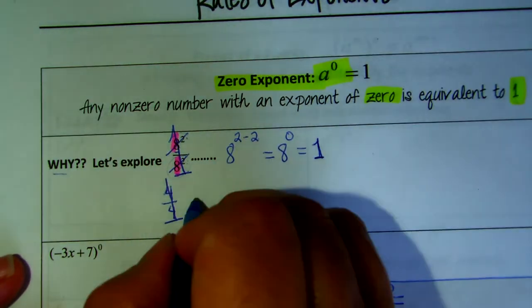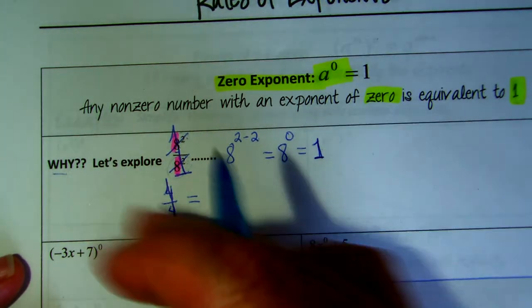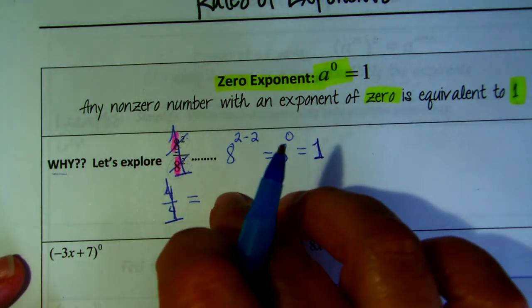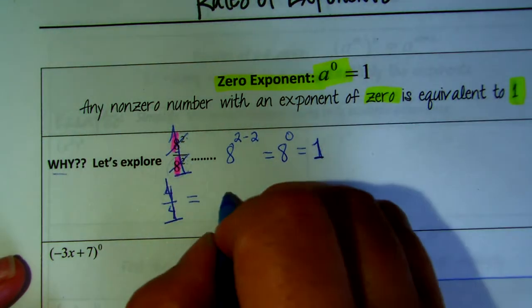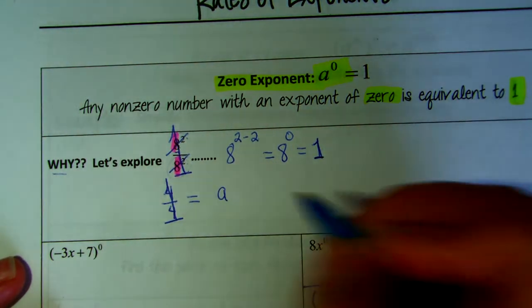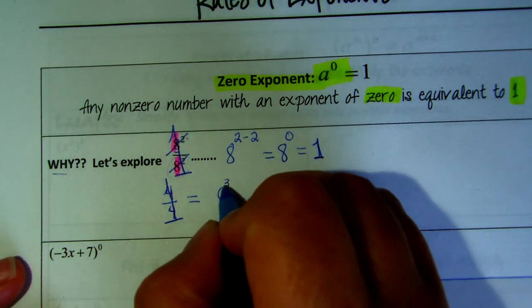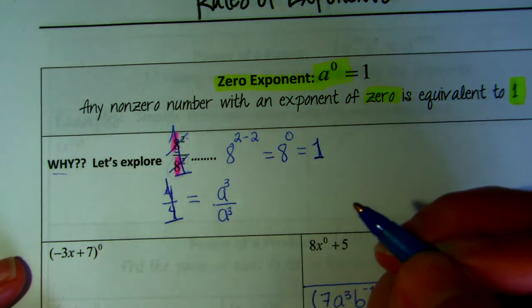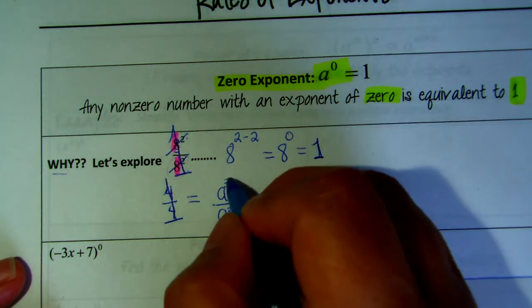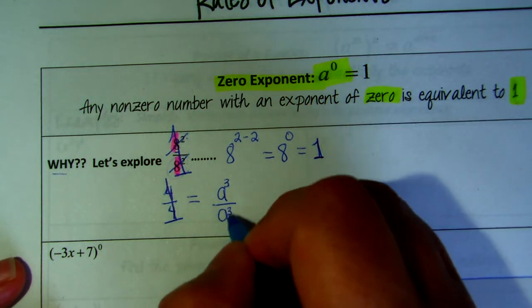I'm going to use extra examples, just like this one. So, what if I write a to the power of 3 over a to the power of 3? It's the same term, okay? It's the a to the power of 3, a to the power of 3.